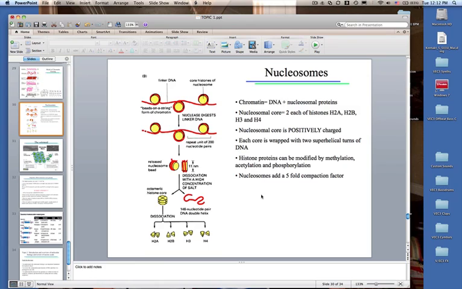That is going to seriously change the way they interact with the DNA, and how the DNA is going to be either open and exposed, or cranked down on and not transcriptionally active. Acetylation is something we're going to talk about an enormous amount for these histone proteins. So let's talk about that.